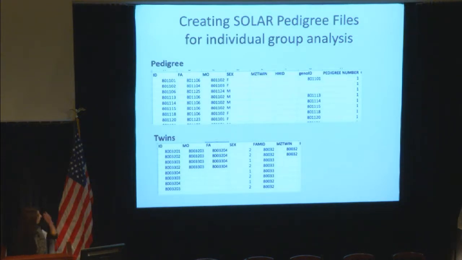So Peter briefly went over this, where we can create pedigree files for SOLAR for all sorts of family types. For the pedigree models, we include a family ID, which group they belong to, also who their mothers and fathers are, so we can link them all, and the kinship matrix can be created.